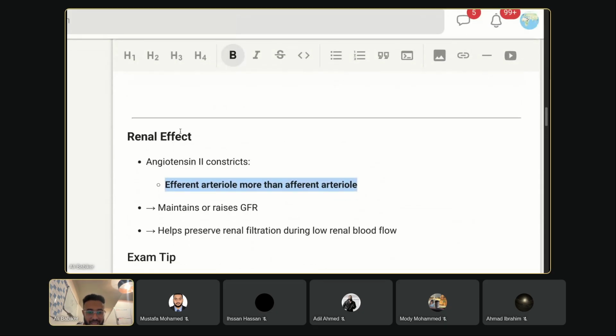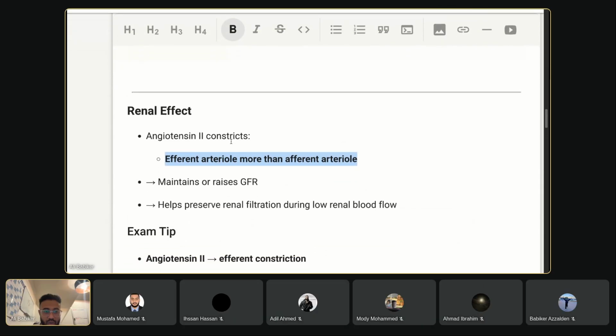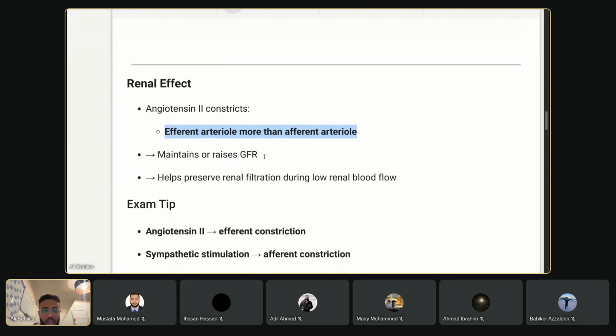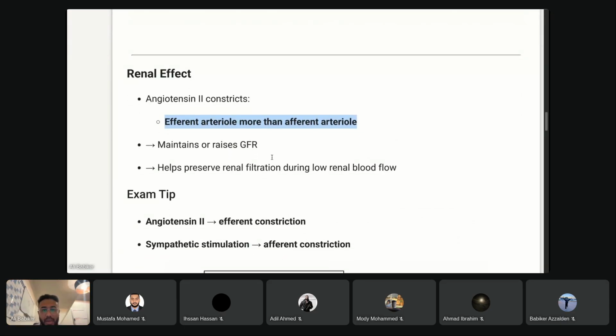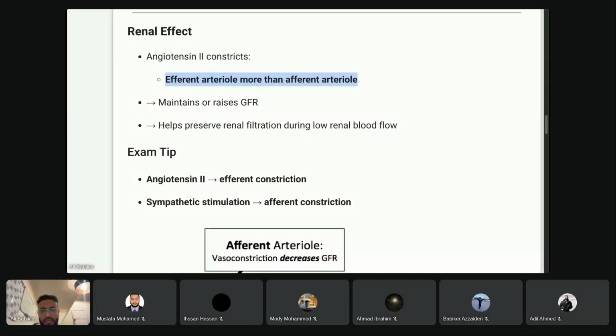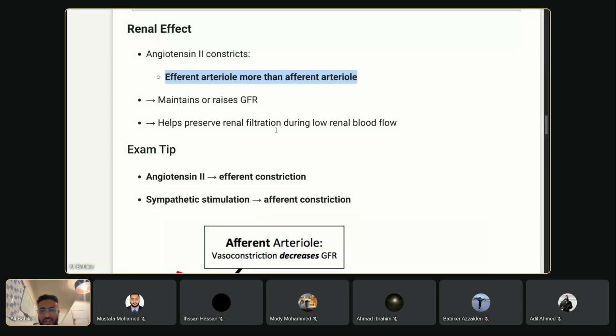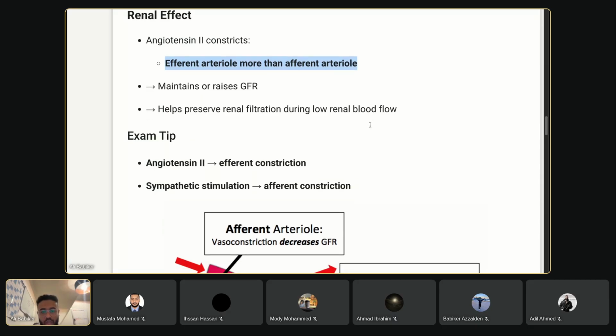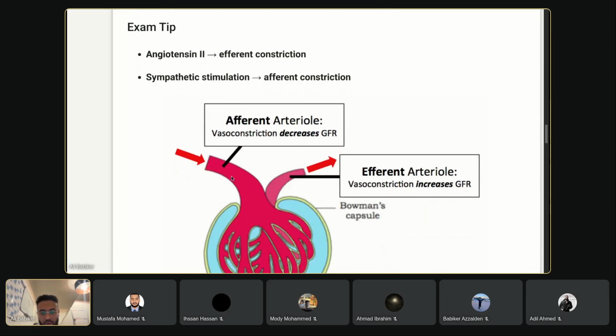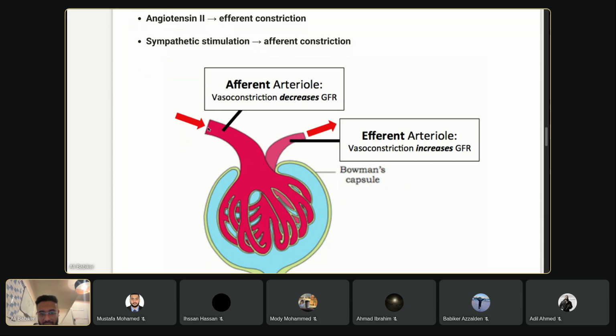So the renal effect of angiotensin 2 is to maintain or raise the glomerular filtration rate by causing vasoconstriction. It helps preserve renal filtration during low renal blood flow. Let's say your patient has hypovolemia, and the blood supply coming here is low. This will lead to activation of the juxtaglomerular apparatus and renin will be released.